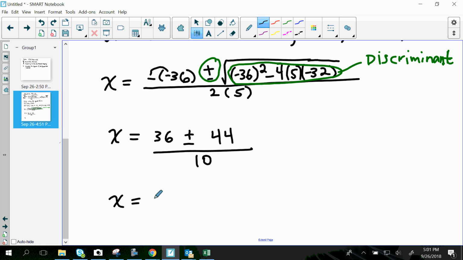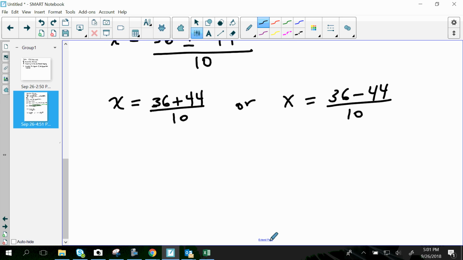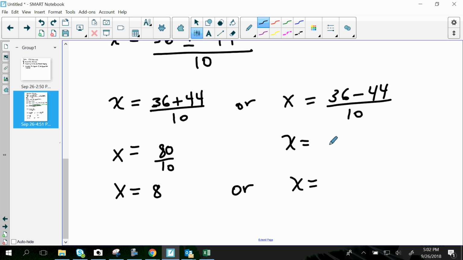So now I know X is going to be 36 plus 44 over 10, or X is going to be 36 minus 44 over 10, which will be 80 over 10, or X will be, that comes out to be 44 minus 36, 8.